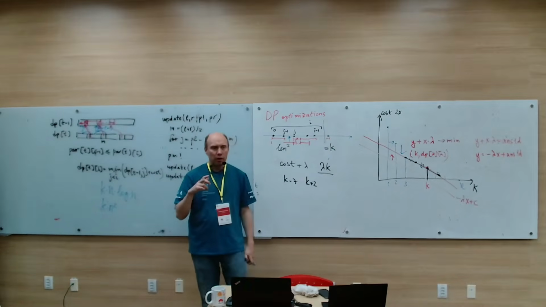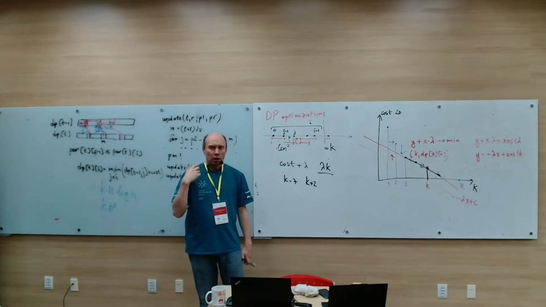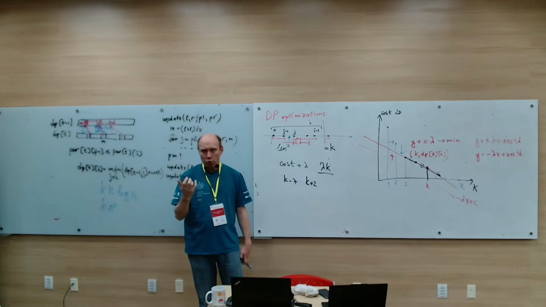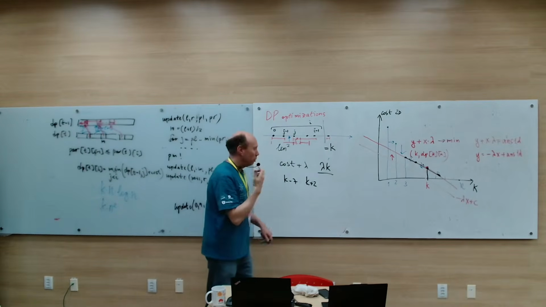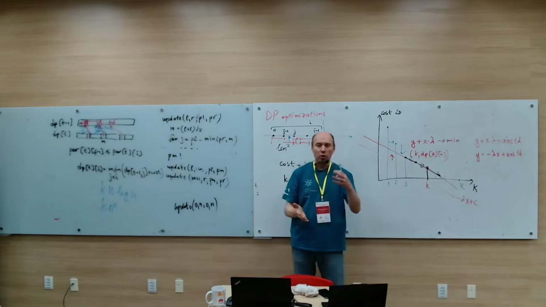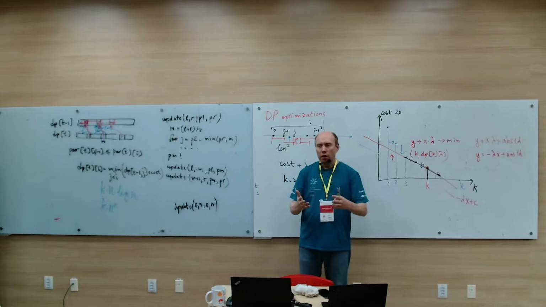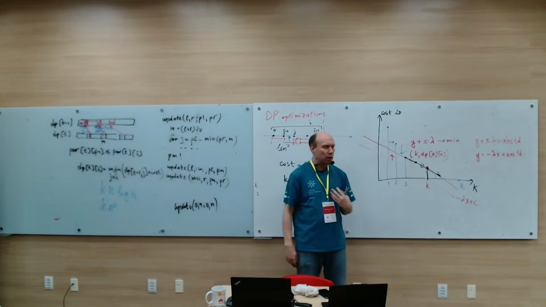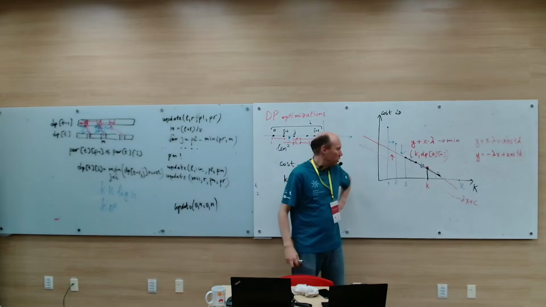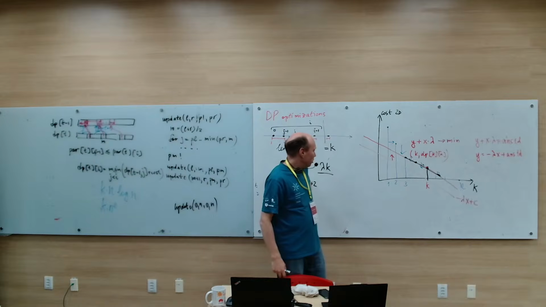If you only need the value, you don't need to restore the answer, then that's not a problem at all. Suppose that you run binary search on lambda, and you find the maximal lambda so that the number of segments is at most k.